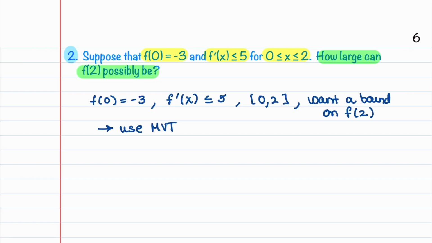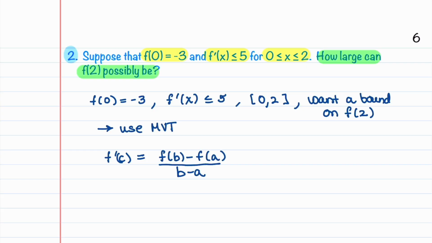Let's start by writing down the conclusion of the mean value theorem. That conclusion is that at some point c, between a and b, the derivative at c is f of b minus f of a, those are our endpoints, all divided by b minus a.